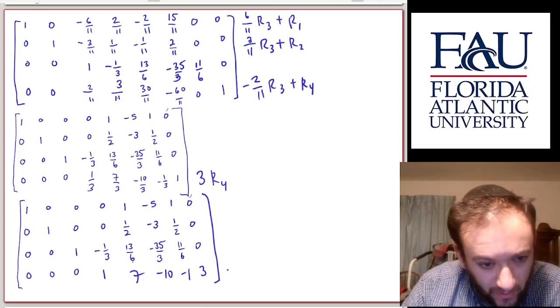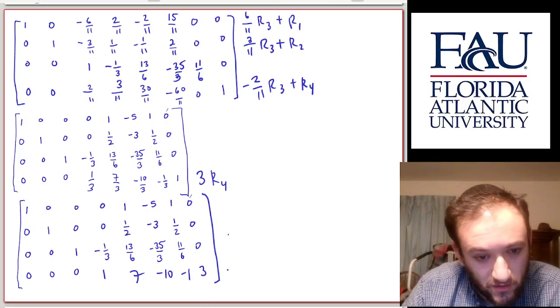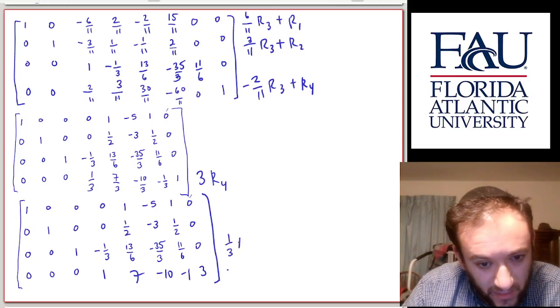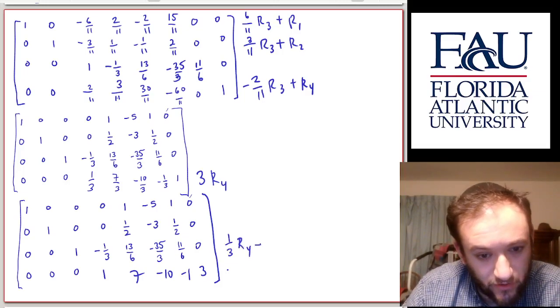Okay, and now what's left? We just have to eliminate the row immediately above. So it's 1/3 of row 4 plus row 3.